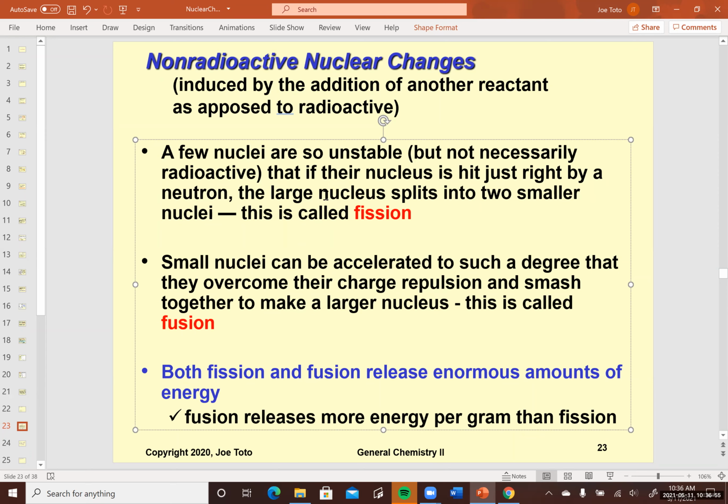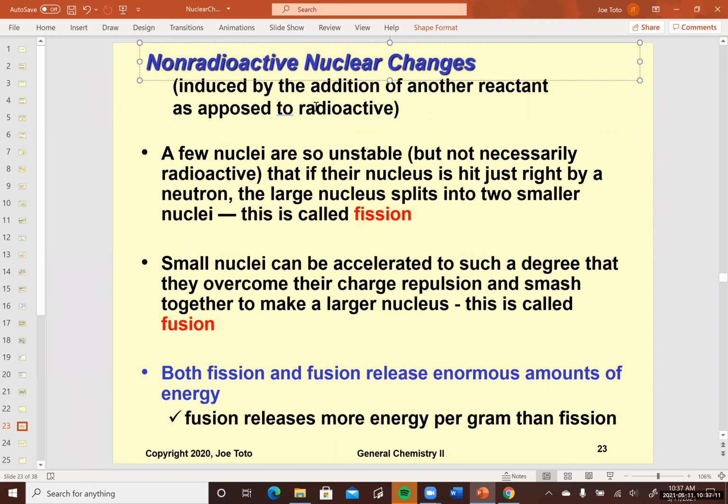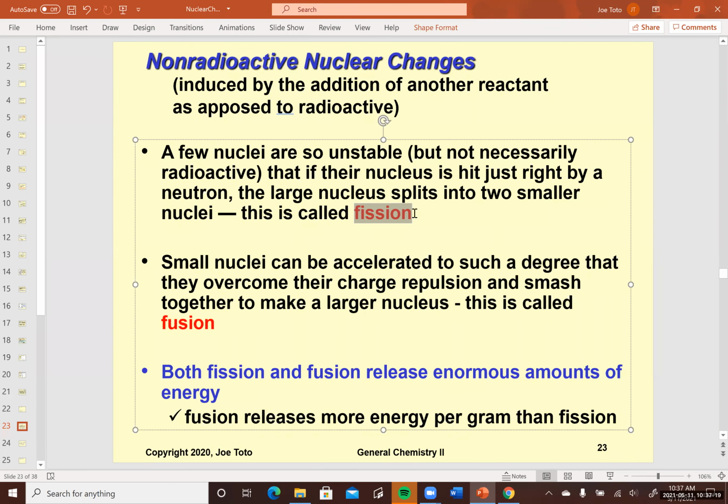And then you can have some of those nuclei that are on the edge of radioactivity, but by themselves, they're not radioactive. And that's what it's talking about, non-radioactive nuclear changes. You can induce them to either split apart, that's called fission, or come together and fuse with other nuclei and make larger nucleus called fusion.